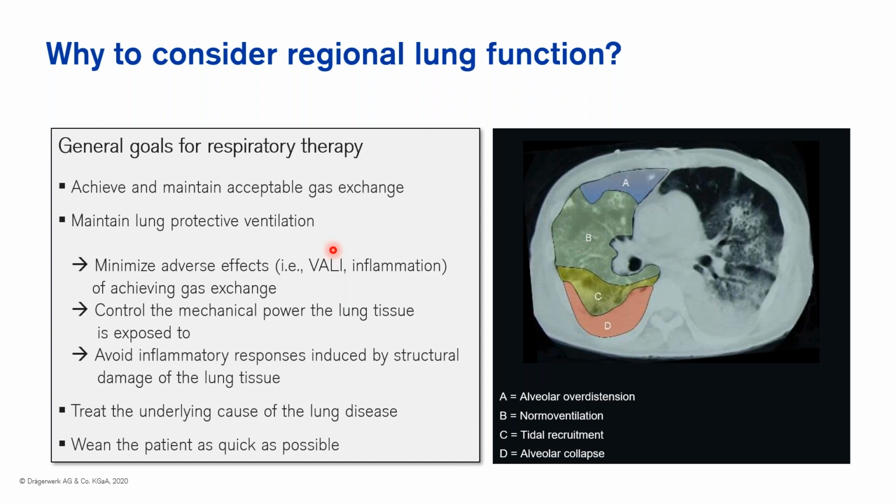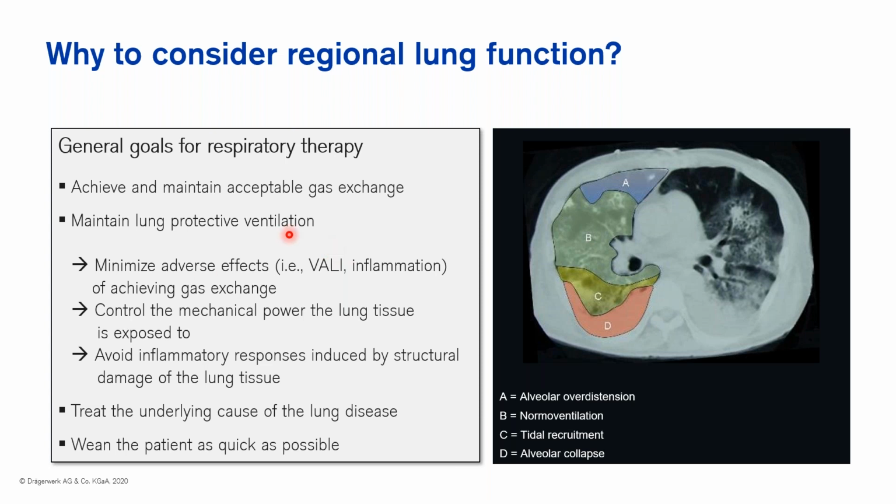So avoiding potential atelectasis, avoiding tidal derecruitment, and avoiding potential overdistension. We also want to control the mechanical power on the lung tissue, and avoid the inflammatory responses induced by structural damage of the lung tissue. And in the meantime, we also would like to treat the underlying cause of the lung disease.